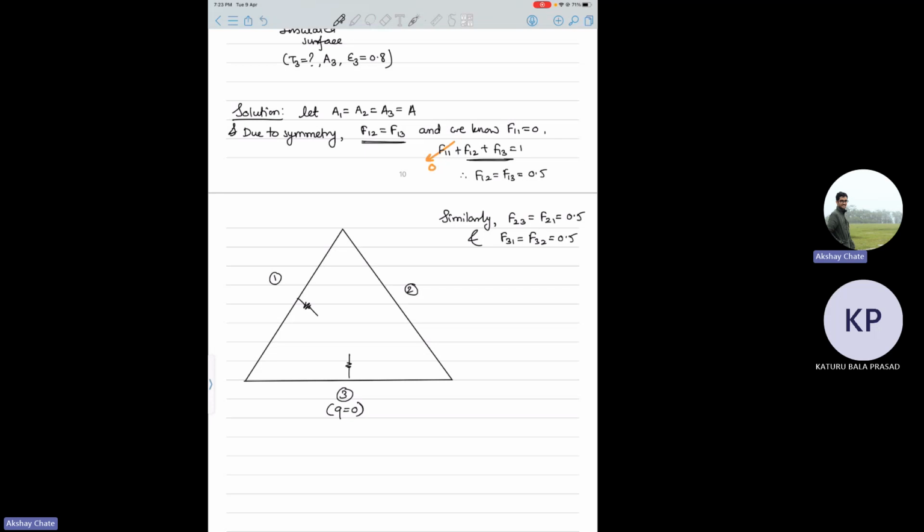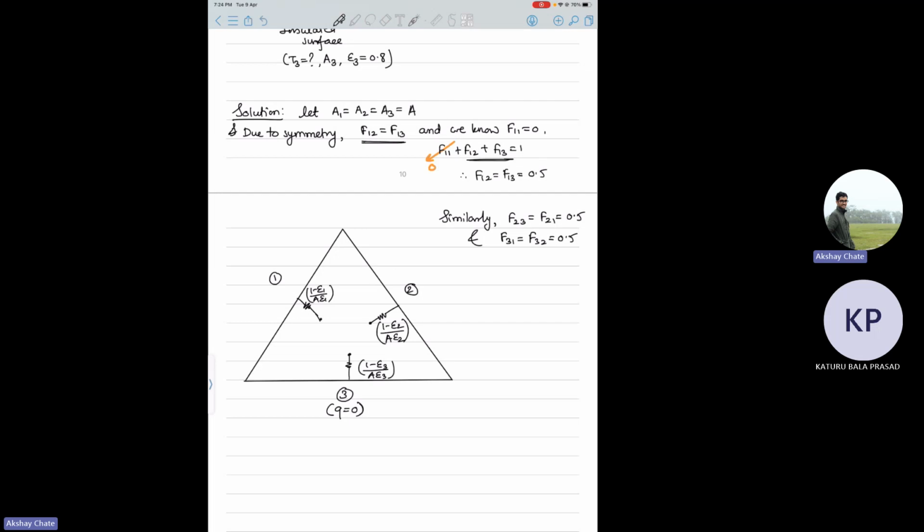They will be like this: this will be 1 minus epsilon 2 by A epsilon 2, this will be 1 minus epsilon 3 by A epsilon 3, and this one will be 1 minus epsilon 1 divided by A epsilon 1. These are resistances due to the surface characteristics, which is represented by the emissivity.